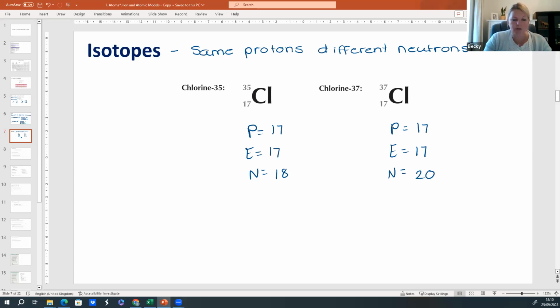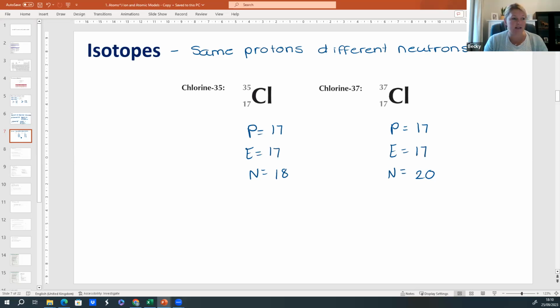So in terms of chemical and physical properties, because they've got the same protons, it doesn't change their physical properties because it's the same element. So if you had 2 samples of different isotopes, they would look exactly the same.